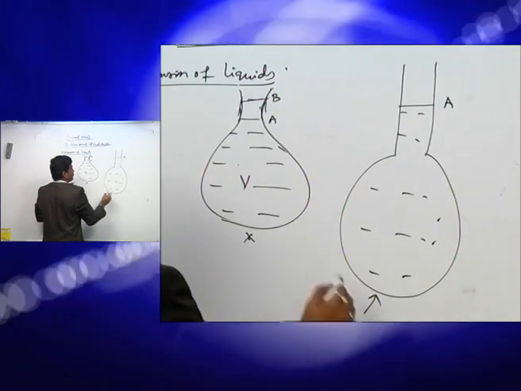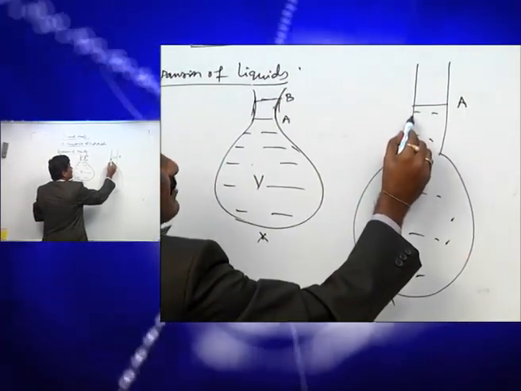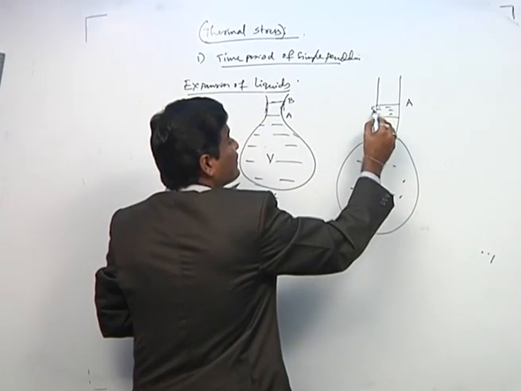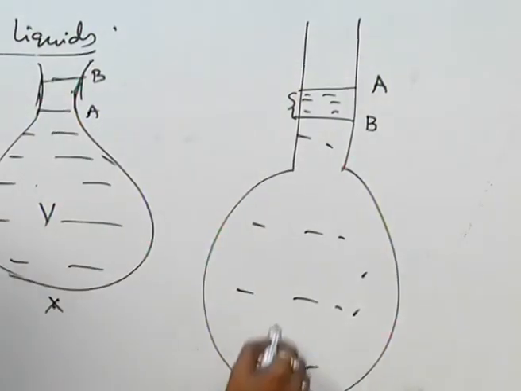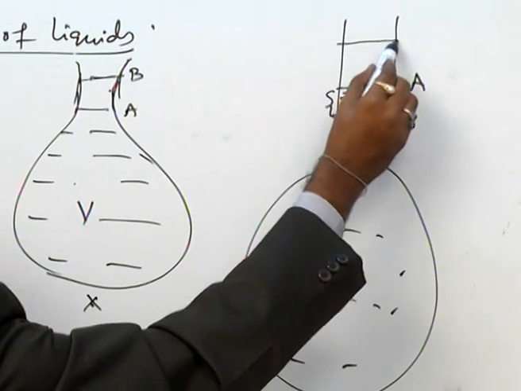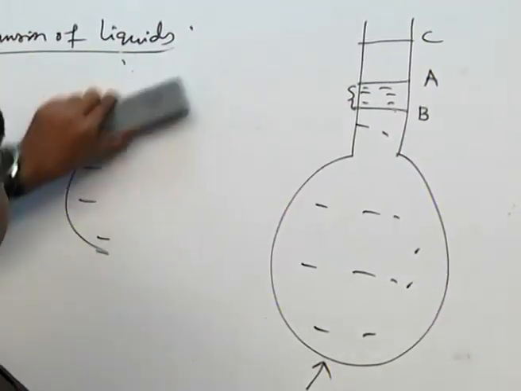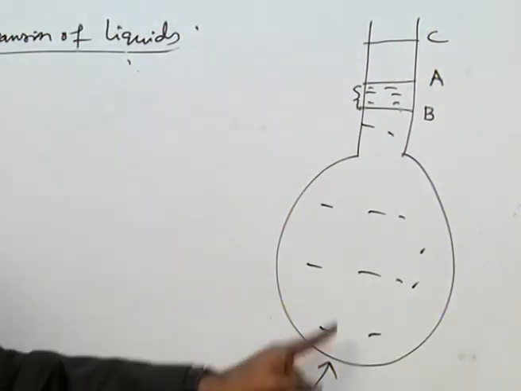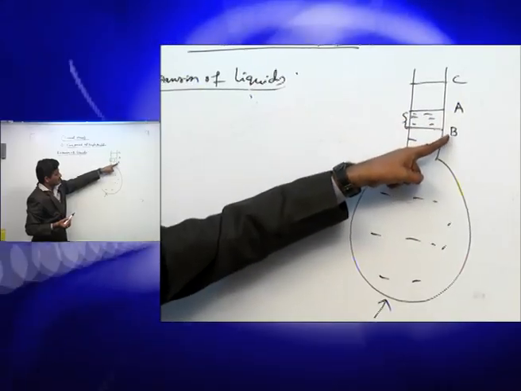As we supply heat, initially the vessel expands, so the liquid level falls down to point B. Next, after being heated, the liquid goes to point C. Initially the liquid level is at A, and because of the expansion of the vessel it falls down to point B.